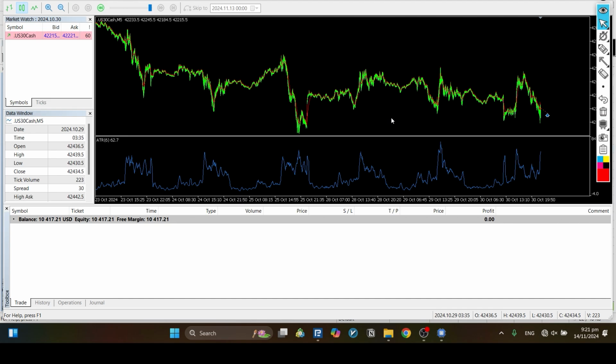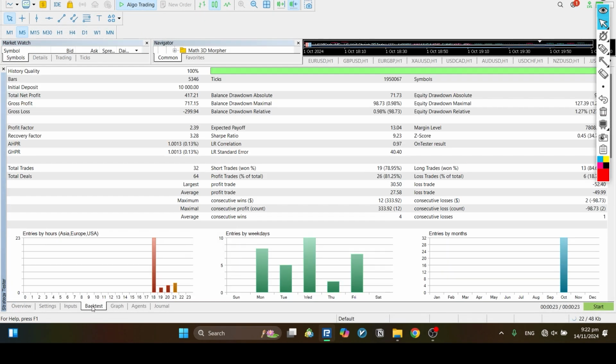Alright, now that the simulation is complete, let's head over to the backtest tab to review the statistics. So the bot made a total of 32 trades, of which 26 were successful trades here.